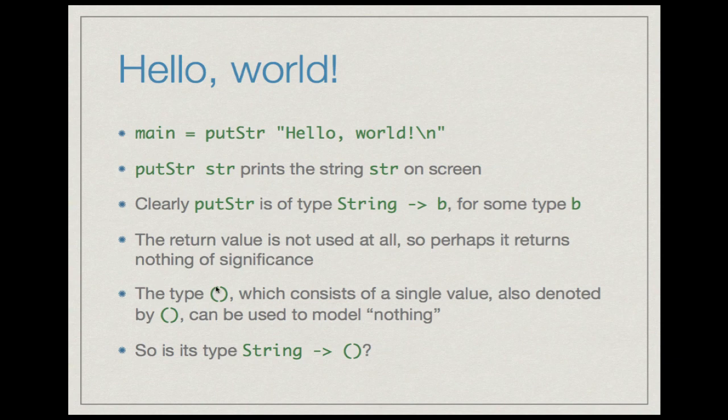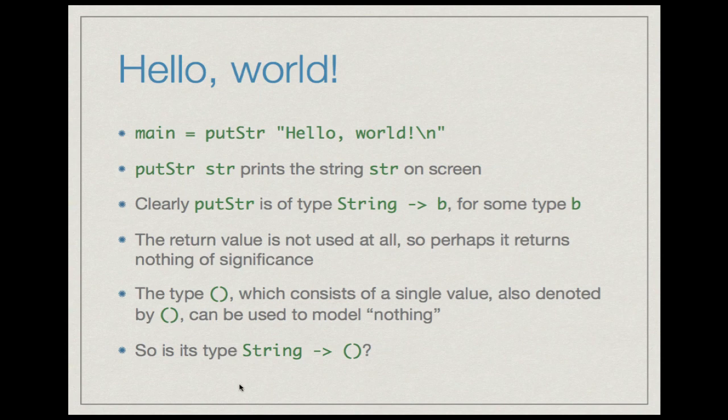The type null or empty, as it is called, denotes nothing, or it can be used to model nothing. This type, called unit, is denoted like an empty tuple, and it consists of a single value, which is also denoted by an empty tuple.